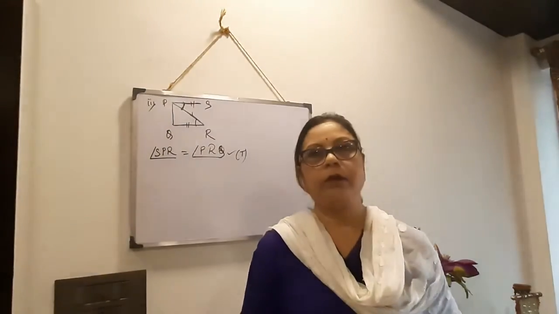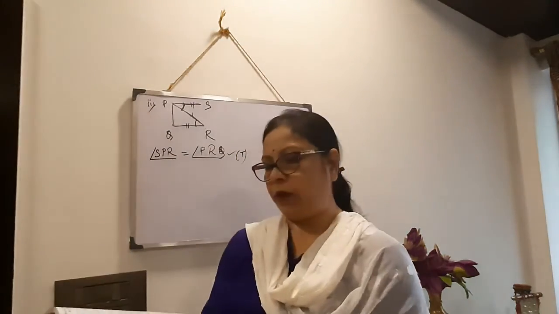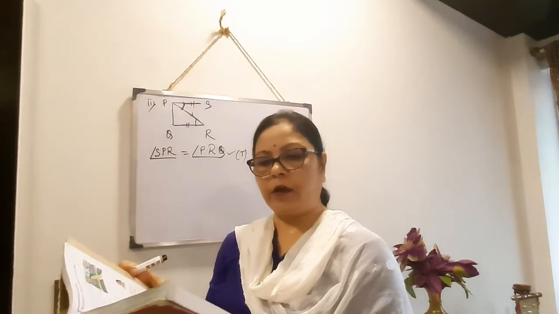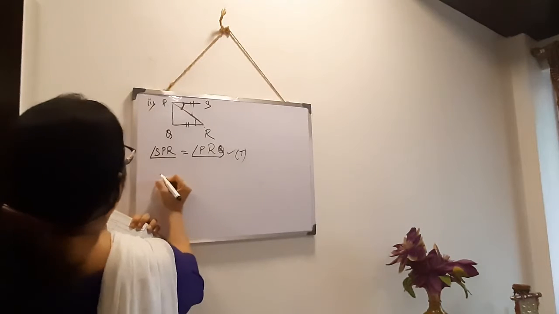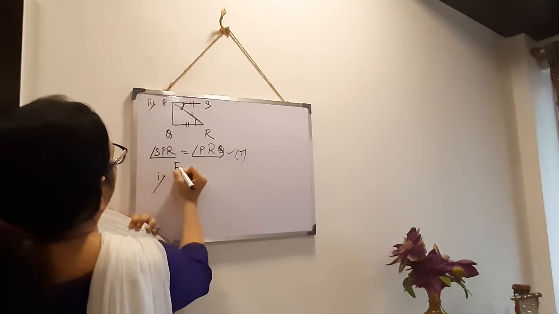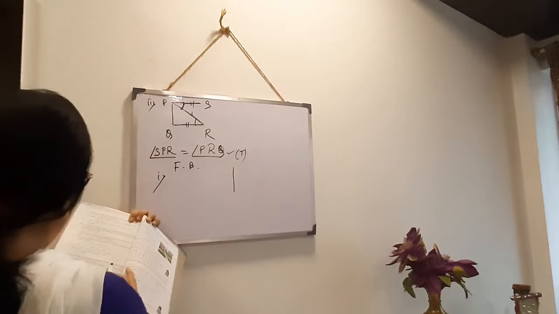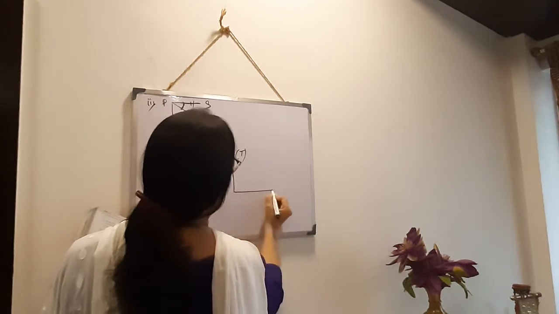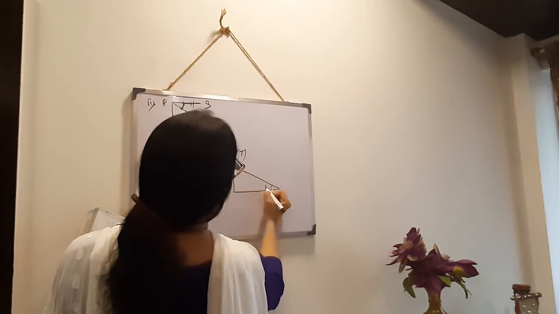Now next one is fill in the blanks. If the sun's angle of elevation increases from 30 to 60 degree, then the length of the shadow of a post. Number 1. First, it was 30 degree.